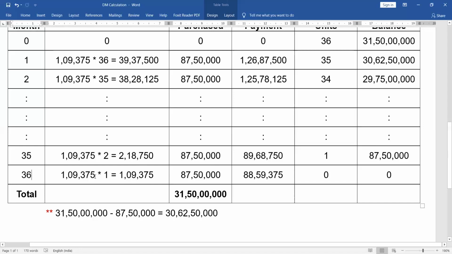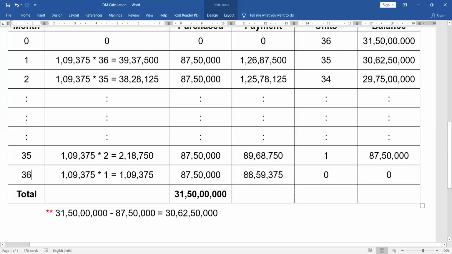The last unit will be multiplied by the rent amount, 1,09,375 multiplied by 1, so it is the same. Then for this 1 unit, the customer will pay 87,50,000. Now all the units have been purchased by the customer.